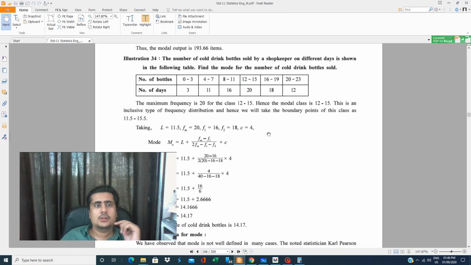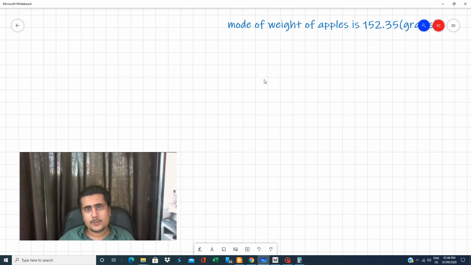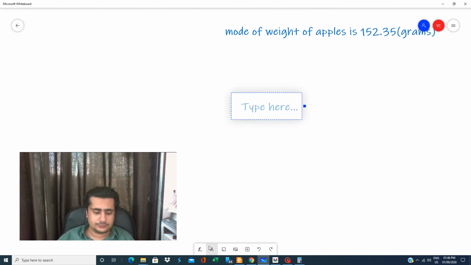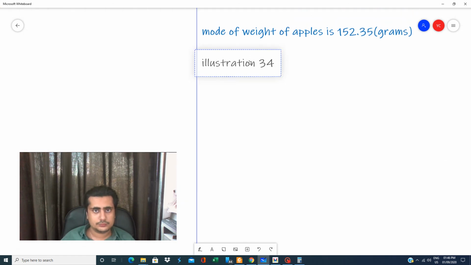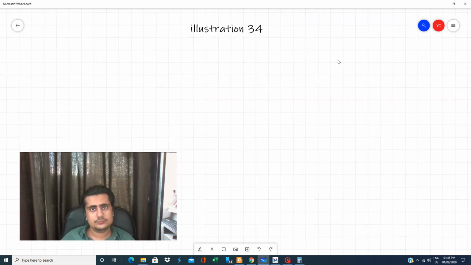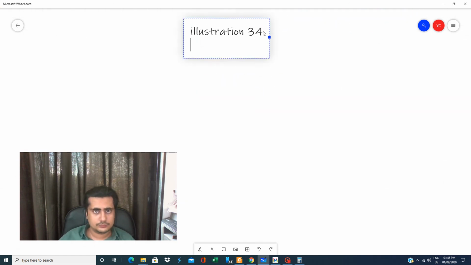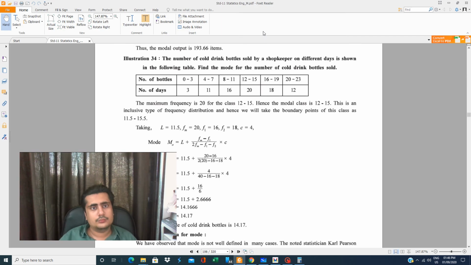So we are doing illustration number 34. The number of cool drink bottles sold by a shopkeeper on different days is shown in the following.